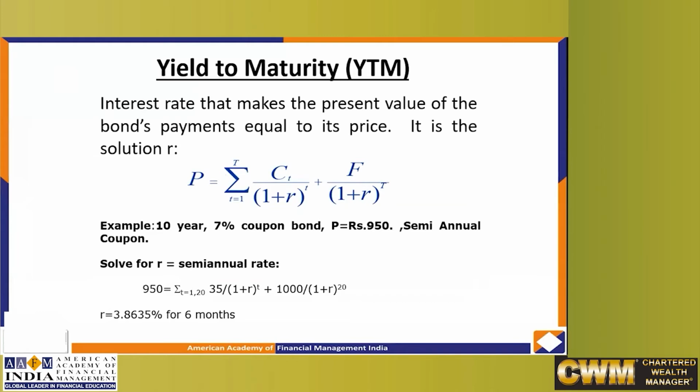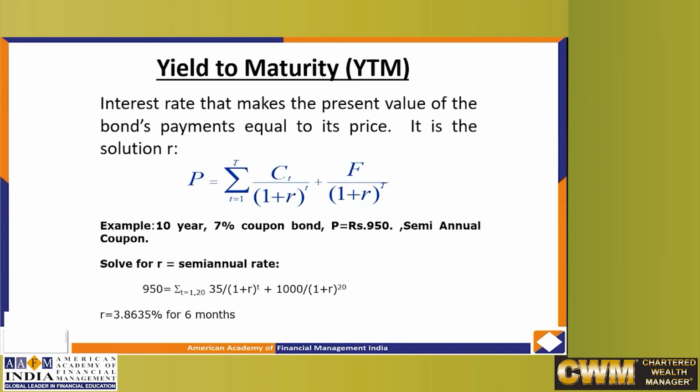Calculate the YTM of a 10-year 7% coupon bond with price 950. If price is 950, you assume future value is 1000. You have to find the IRR.